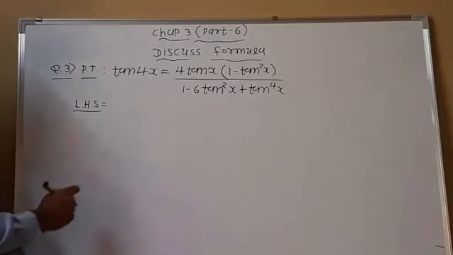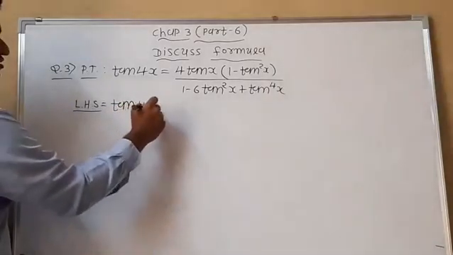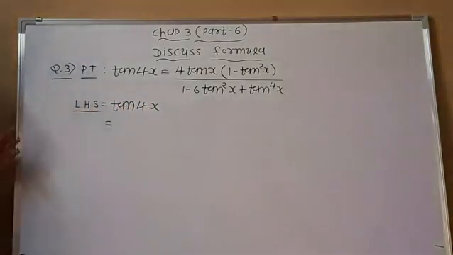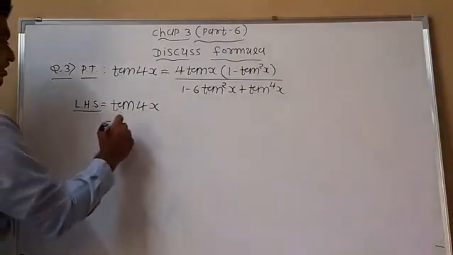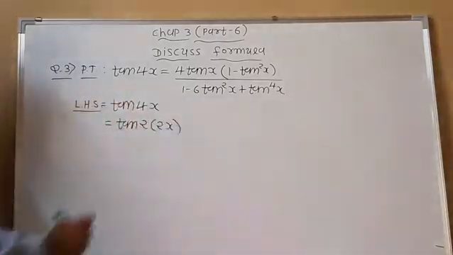So in LHS side, first of all written tan 4x, so it is equal to tan 4x in place of written tan 2 into bracket 2x.